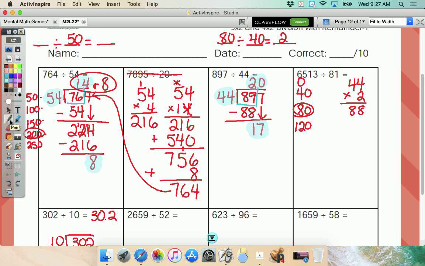Now, once you highlight, let's talk about how to successfully multiply 44 times 20, the easiest way possible. Okay, so I'm going to pull a stick. I've got 2 or 3 left. Aiden, what do you think I should do? Take off the 0 from the 20 and then add it back on at the end. Good. And we've been writing it over to the side, haven't we? Yeah. Okay.